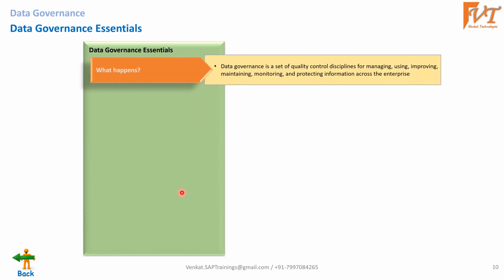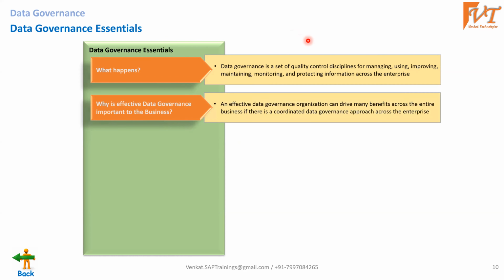What happens with the data governance? So the data governance is the set of quality control disciplines for managing, improving, maintaining, monitoring the data. So it's just a set of principles. And why is it required?